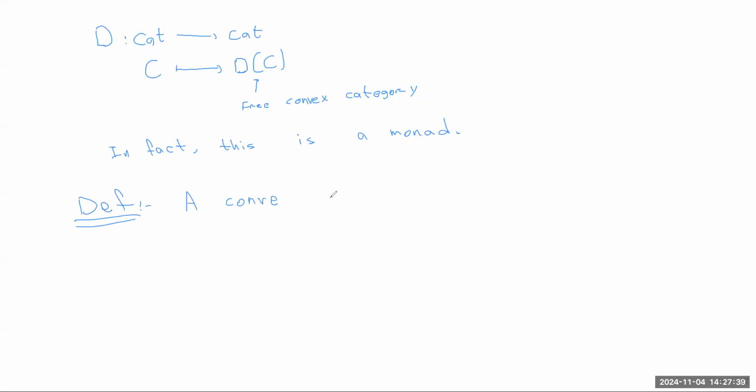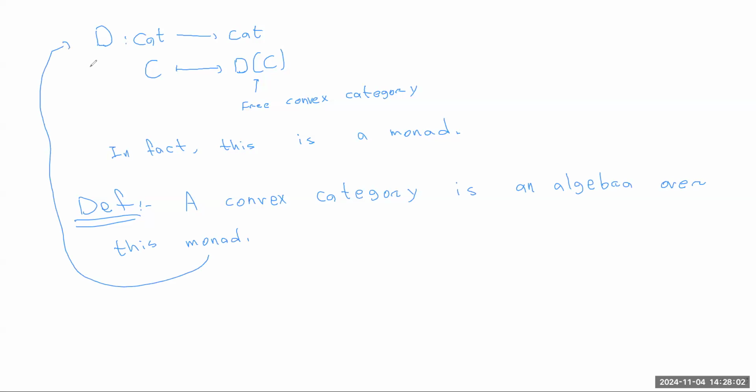A convex category is an algebra over this monad, like a convex set is an algebra over the monad when we act on sets. Now we are on categories, because this monad can be seen as a monad on categories, as shown before. So the algebra over this monad is now called a convex category. This is the definition of convex category.